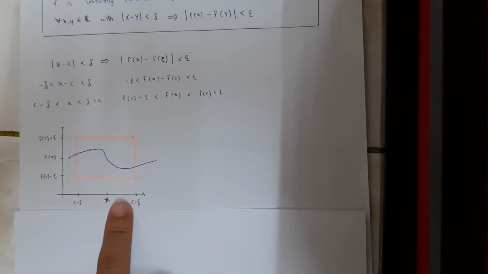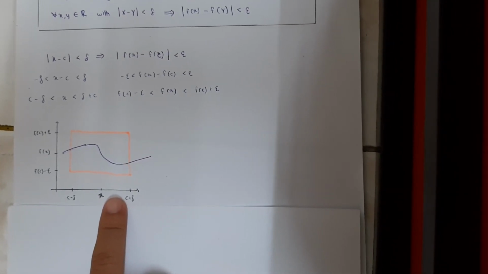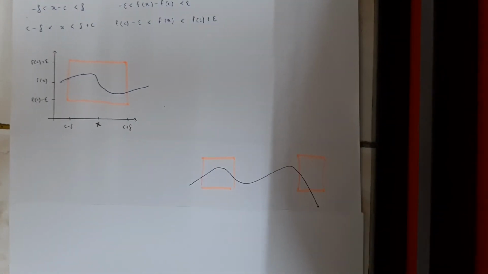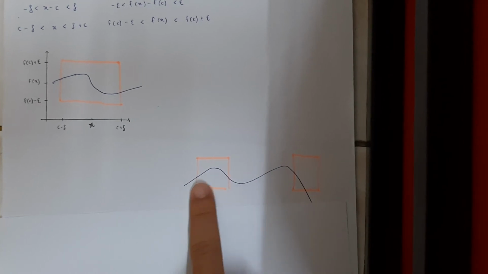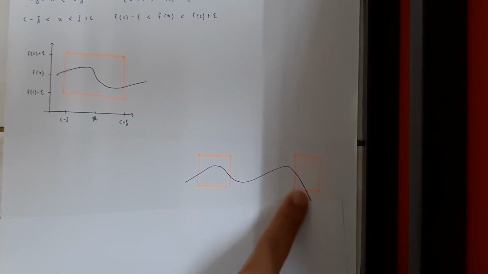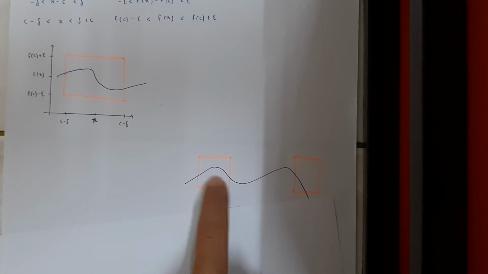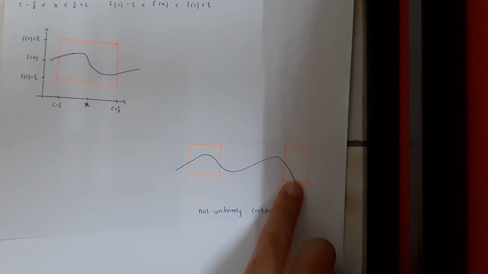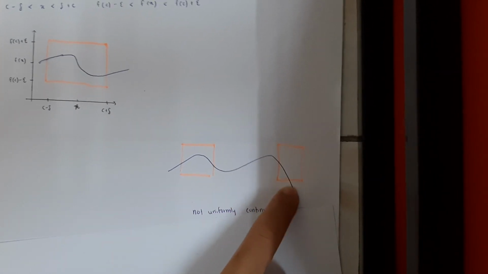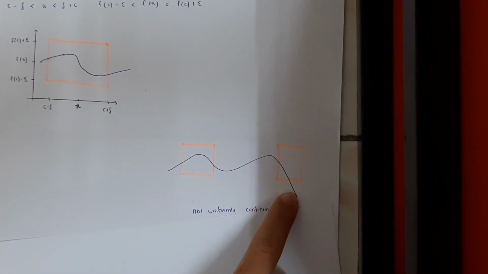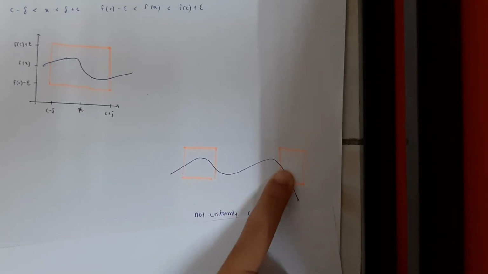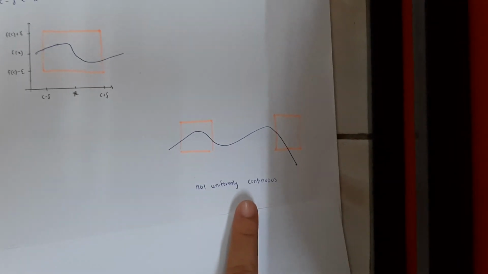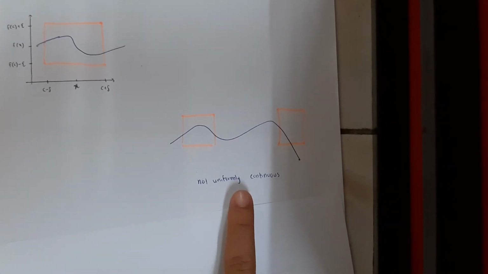But if we compare to another graph where we have two boxes for this function, some of the function is in the range of this box, but the other part is out of this box, so it is not uniformly continuous. So there is a difference between continuous and uniformly continuous.